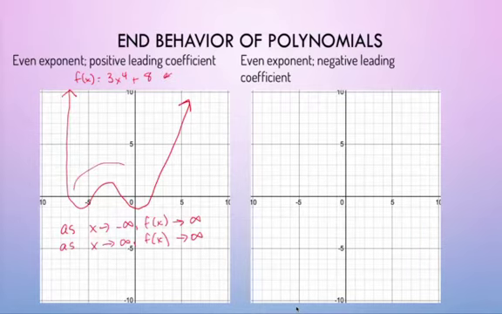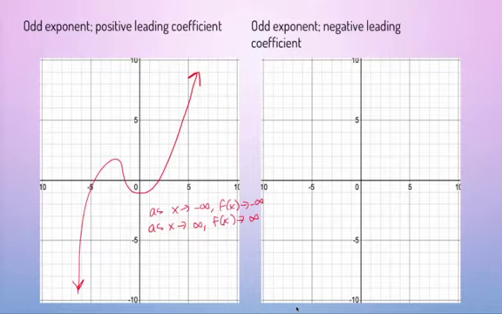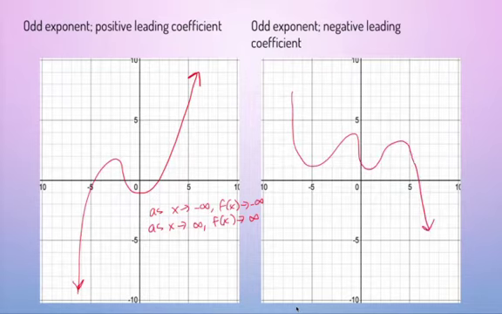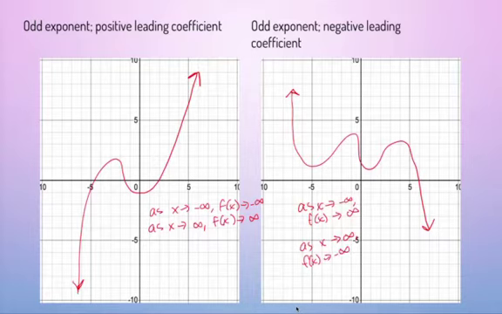It goes up on the right-hand side and down on the left-hand side. A negative leading coefficient is going to be the opposite way. So as x approaches negative infinity, f of x approaches positive infinity, and as x approaches positive infinity, f of x approaches negative infinity.